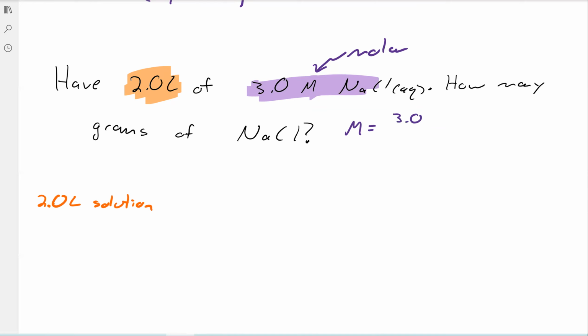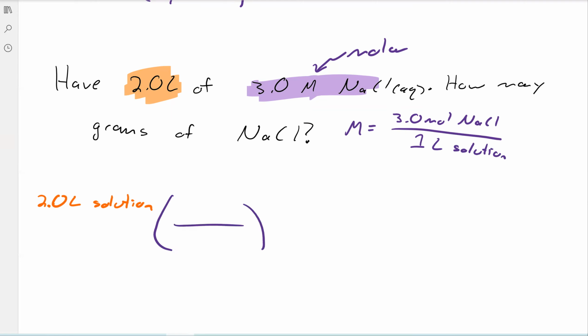So in this case, we have 3.0 moles of NaCl over the liters of solution, and then we can just put 1 down there because 3 divided by 1 is equal to 3. And then we simply just plug that into here. We want liters down on the bottom, so 1 liter solution down here, 3.0 moles of NaCl, and liters of solution cancel out.